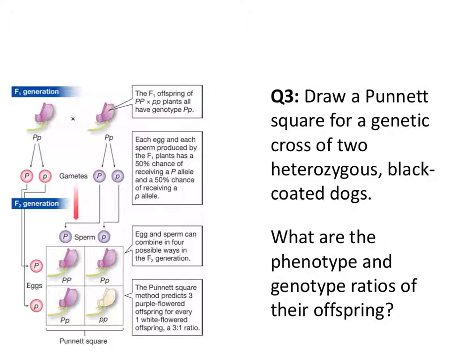So draw a Punnett square for a genetic cross of 2 heterozygous black coated dogs. Okay, remember, they've got a black and a brown. Okay, so what are the expected phenotype and genotype ratios?